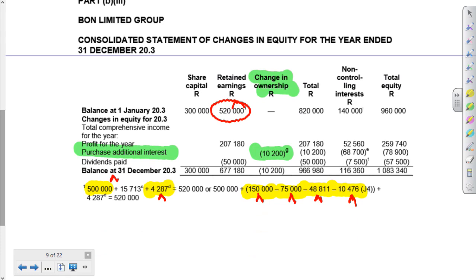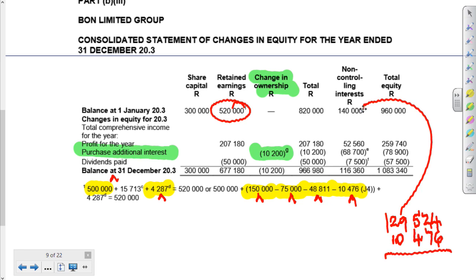So this number here, they don't have a calc, it must be somewhere. 129,524 plus their share of the since profit. Does it work out to 140? The 10,476. So on AC, since gives you the 140.